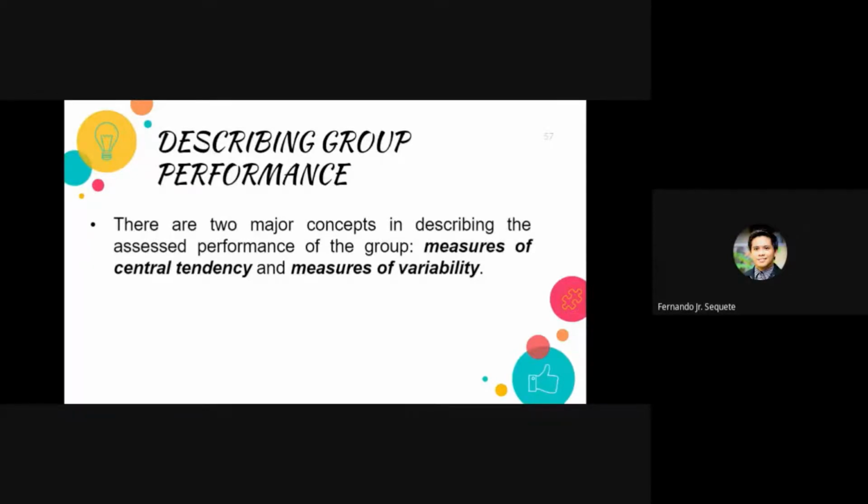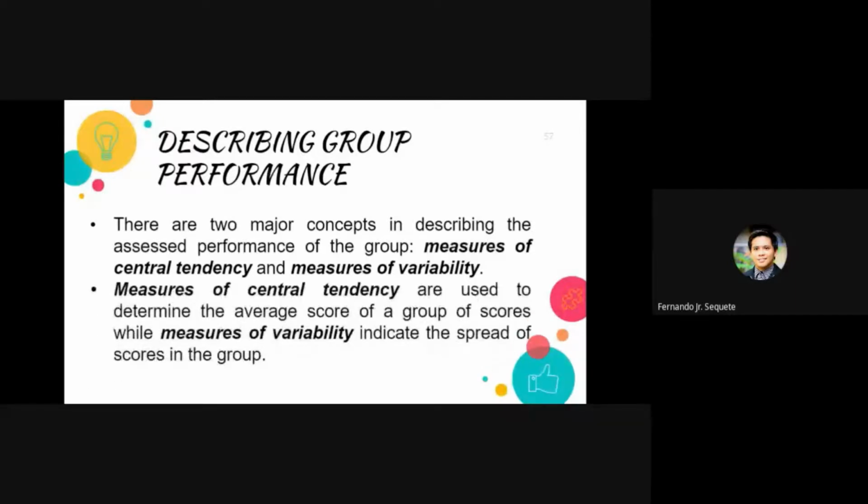So ang ginagamit dyan are actually two major concepts. We have measures of central tendency and measures of variability. But the first one, we have to have first measures of central tendency. So measures of central tendency are used to determine the average score of a group of scores, while measures of variability indicate the spread of scores in the group.